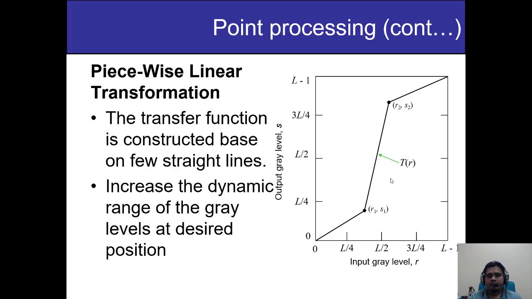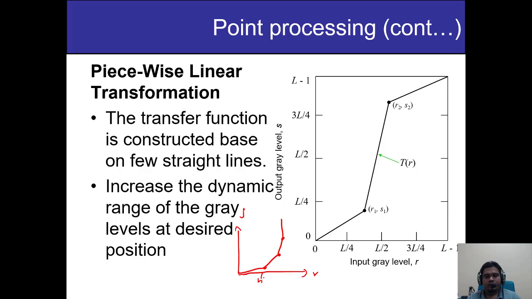Okay, this is an example of a piecewise linear transformation function, meaning that it consists of many points over here. It does not mean you only have two, you can have more. For example, if I draw it this way, 1, 2, 3, I have 1 point over here, 2, 3 points over here.